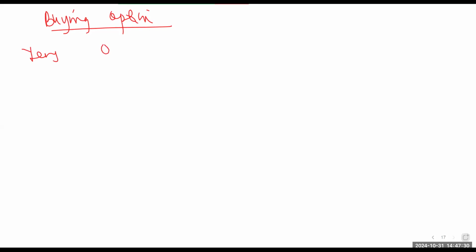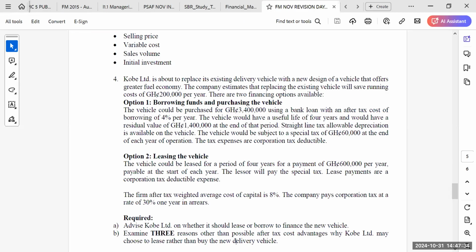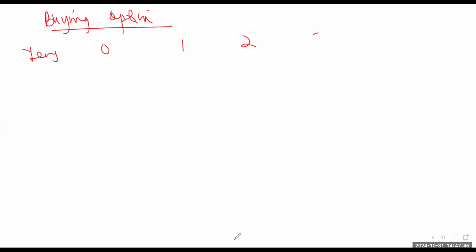This one will last for how many years? The machine has a useful life of 4 years, isn't it? Okay, so we have 1, 2, 3, 4, 5. I hope someone can understand why we are writing 5.